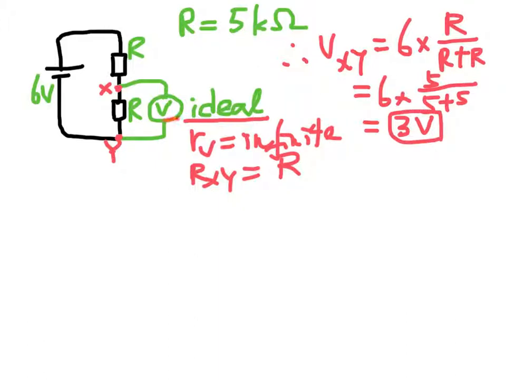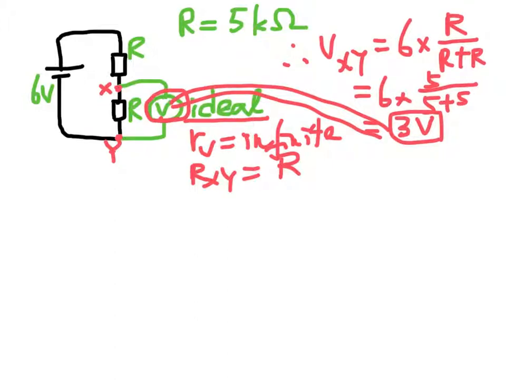Hence, the voltmeter reading will be equal to 3 volts.